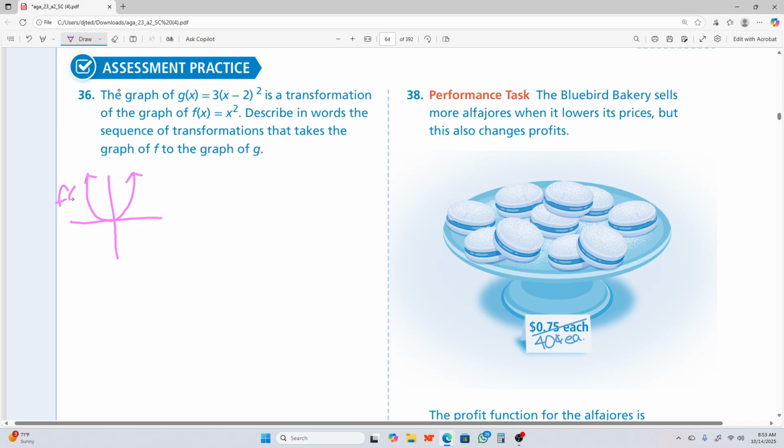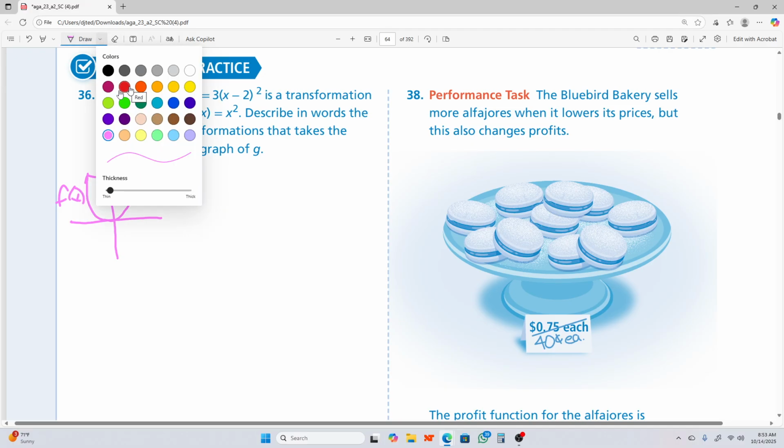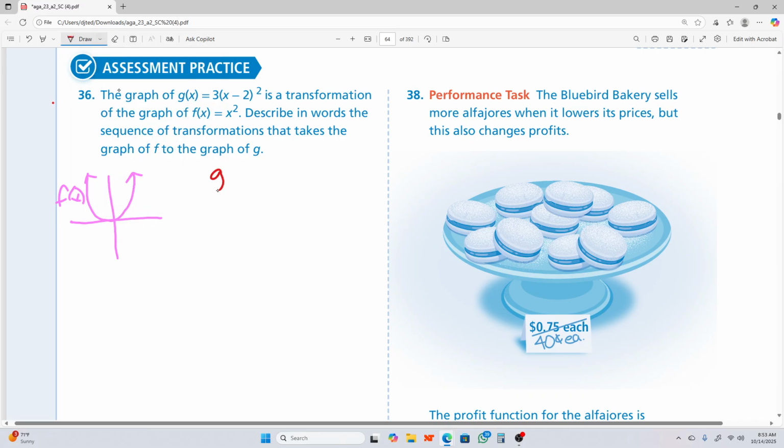That's f of x. And then g of x, this is similar to what we had as an example last week.